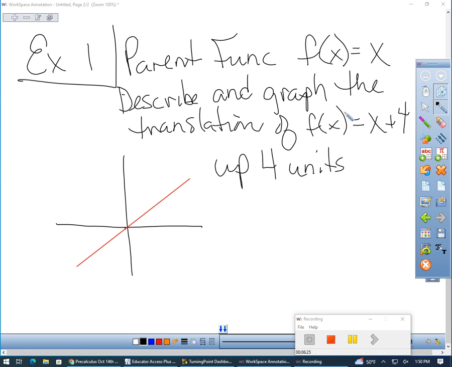Now if I were to graph x plus 4, where do I start? Yeah, 1, 2, 3, 4. I would start there, and then I would do my slope, which is up and over 1. So what do you notice about that line? It has moved up 4 units, right?